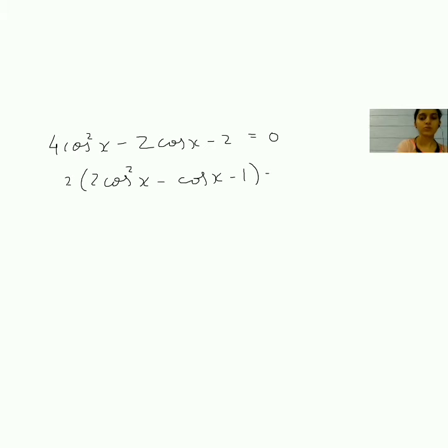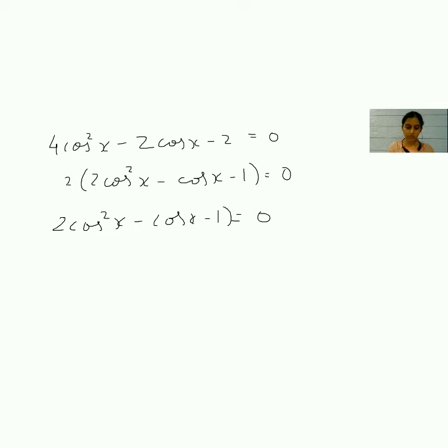So we'll write 4 cos square x minus 2 cos x minus 2 equal to 0. Taking 2 common, 2 cos square x minus cos x minus 1 equal to 0. Now we'll find the factors for this one. 2 cannot be equal to 0, so we'll just have 2 cos square x minus cos x minus 1 equal to 0.